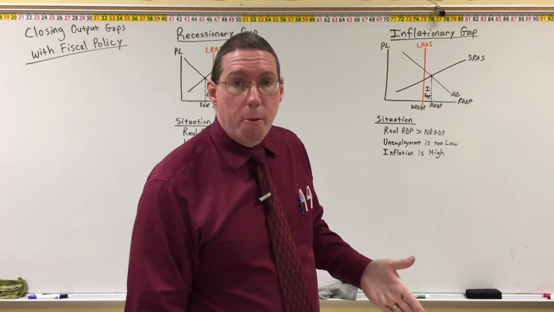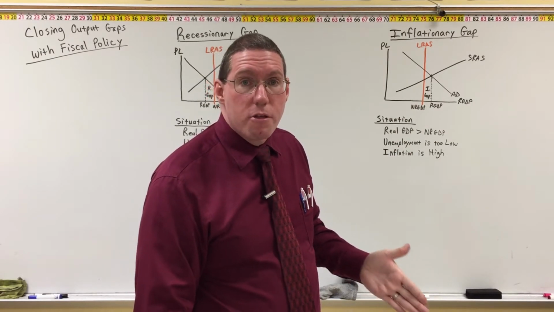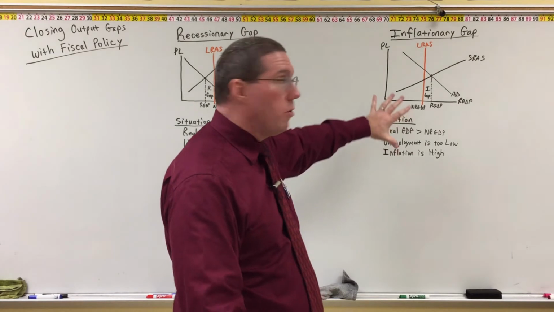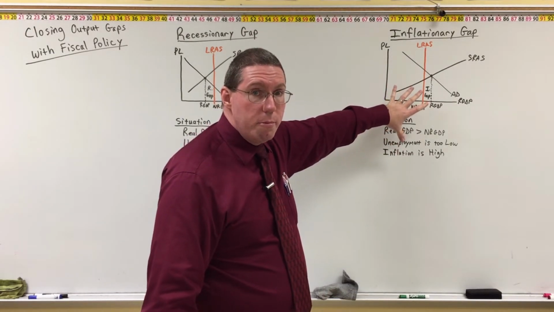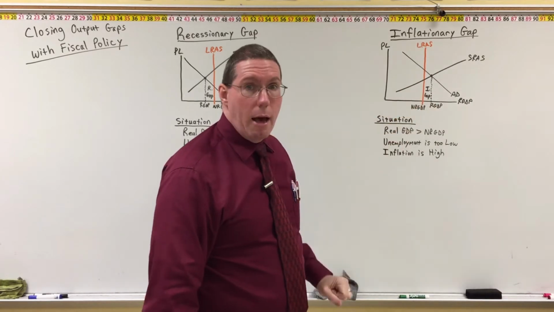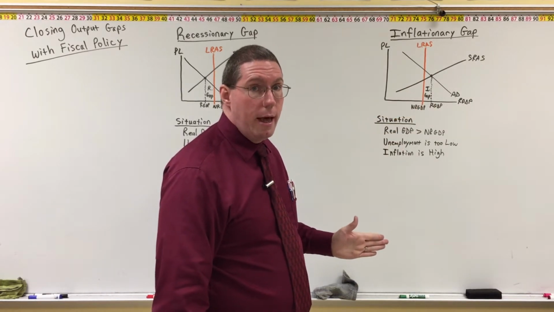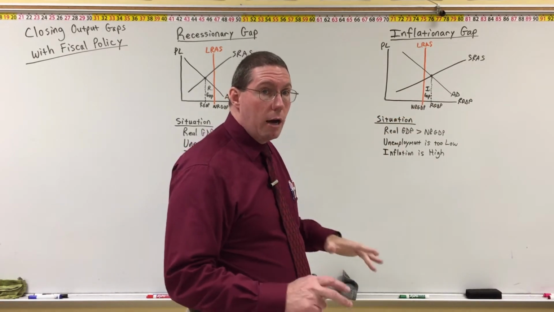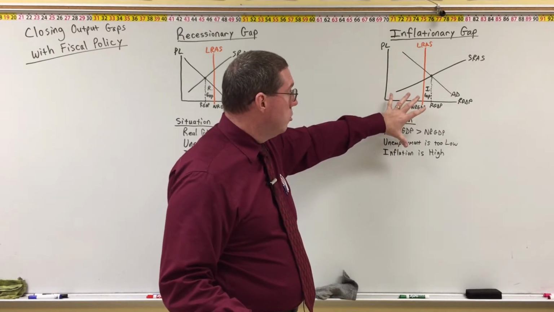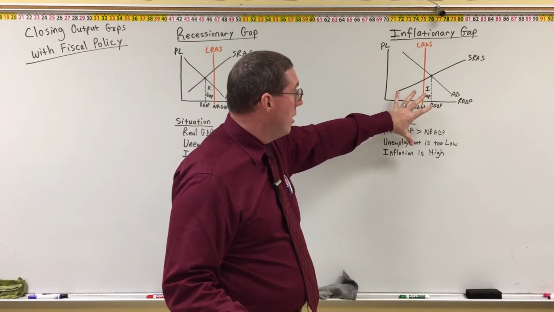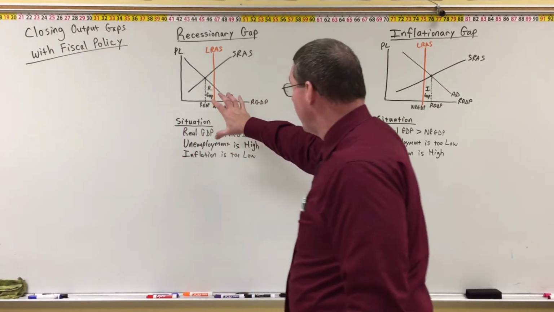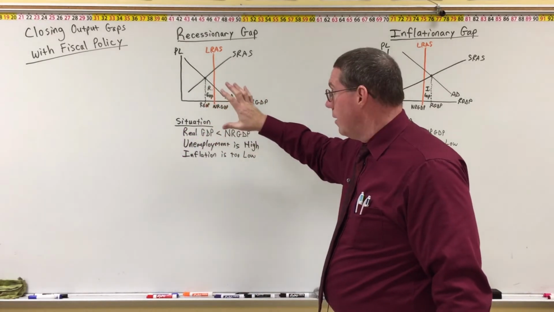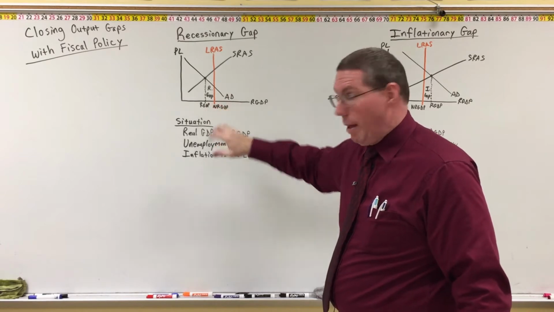Well, nobody likes the person who calls the cops, and so Congress does not want to be the ones who call the cops on this party to turn the music down and bring output down to where it should be. And therefore, Congress is less likely to take the action it's supposed to take in an inflationary gap. And they're much more likely to take the action here, because people are really unhappy and they want to make them happy.